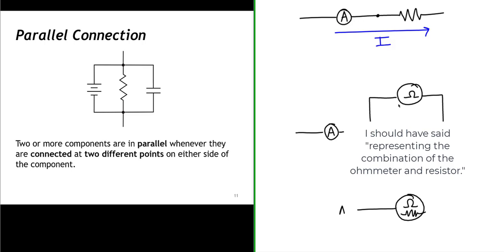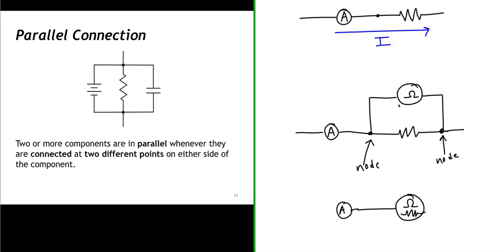And this combination, the ammeter is in series with, because there is a single point in which the current moves through the ammeter, leaving the ammeter, entering the ohm meter resistor combination, and leaving the ohm meter resistor combination. So in this diagram, we see that the ammeter is in series with the combination of the resistor and the ohm meter.